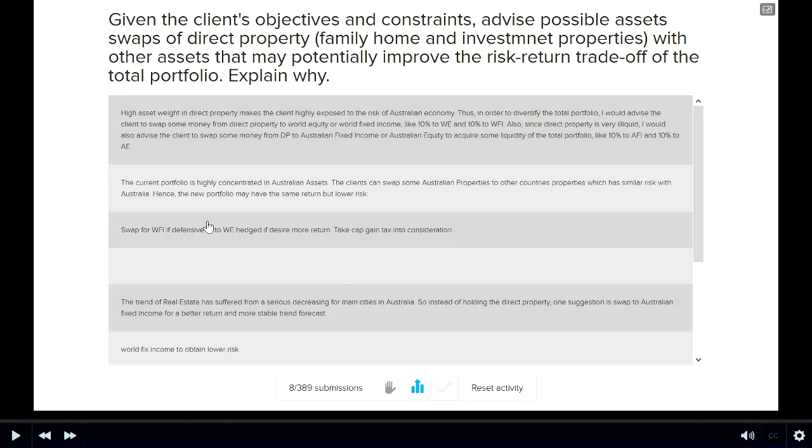So the defensive stock can be infrastructure, some retailers like Woolworths. So when the economy is not performing well, you probably will have these stocks within your portfolio to diversify the volatility of the cyclical companies or the riskier assets. So that's what we mean by defensive.